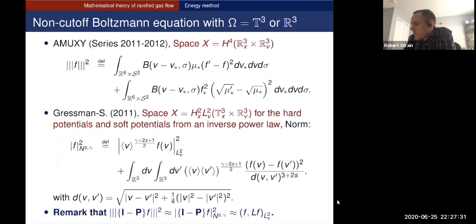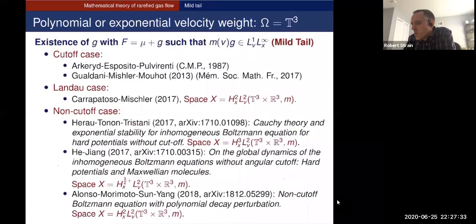Okay, so recently you have several very interesting and nice results proving global existence of solutions to the Boltzmann equation in the perturbative framework with a so-called mild tail.